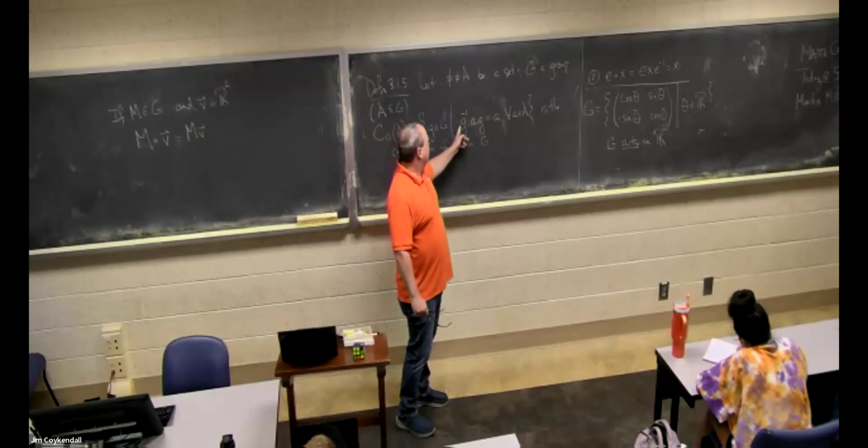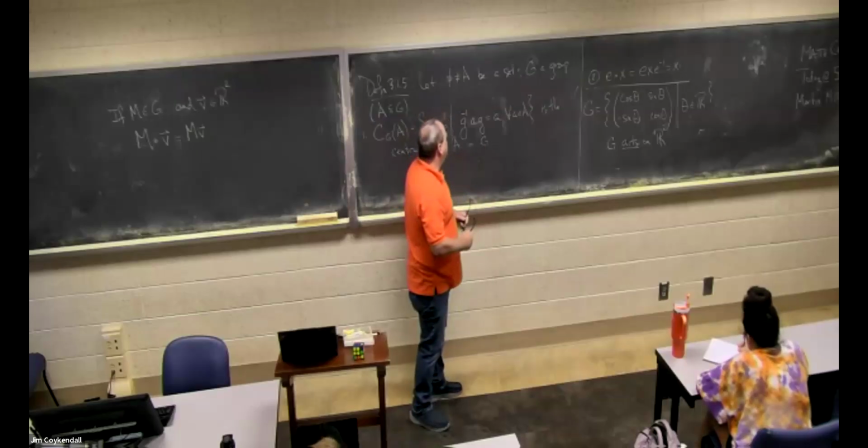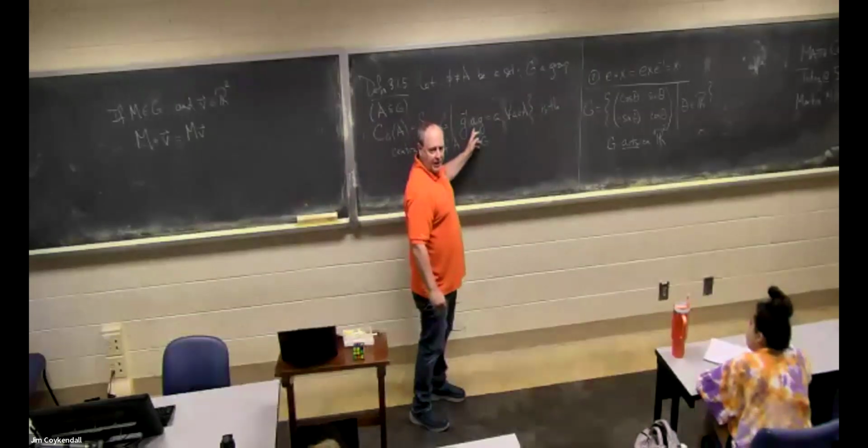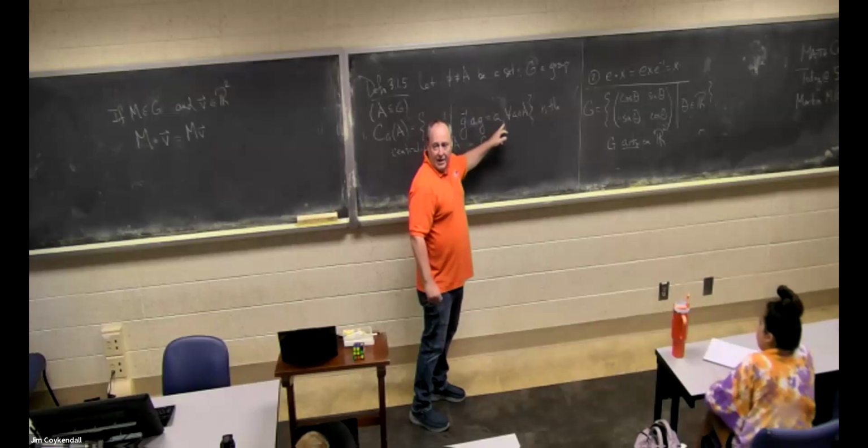Notice that this is called the centralizer. This means basically it's everything in G that commutes with everything in A. Because notice if you multiply on the right by g, this is ag equals ga.